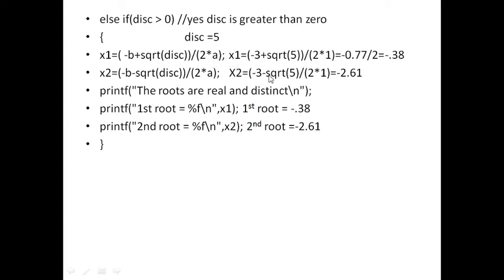And x2 is minus 3 minus square root of 5 divided by 2 into 1. So this comes as minus 0.38. This becomes minus 2.61. So roots are real and distinct. So the printf first one %f is x1, that is equal to minus 0.38, and x2 is equal to minus 2.61. So when the disk is greater than 0, there are two roots, that is x1 and x2.